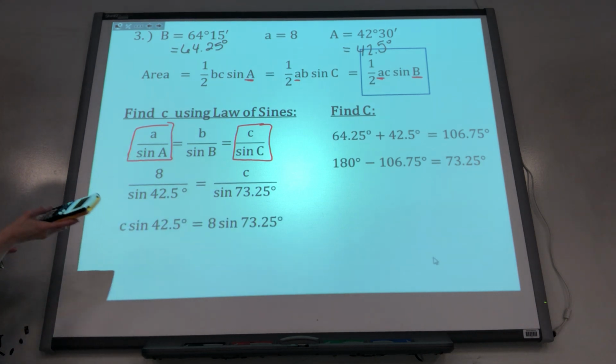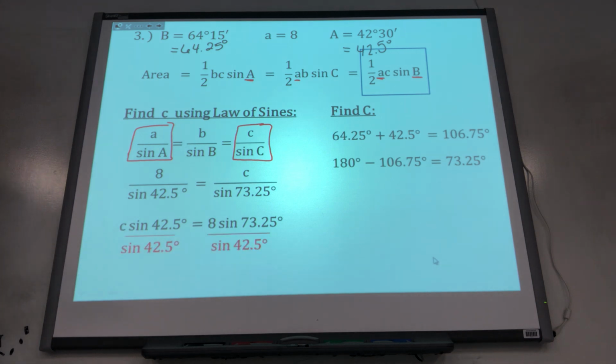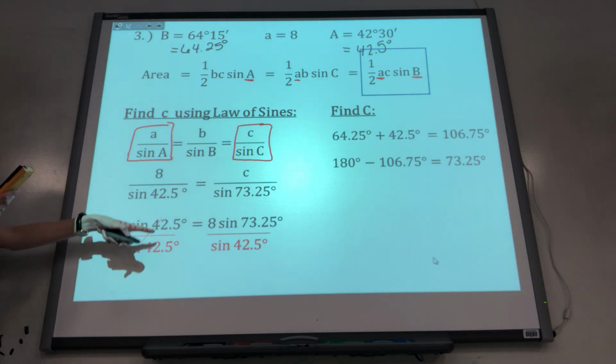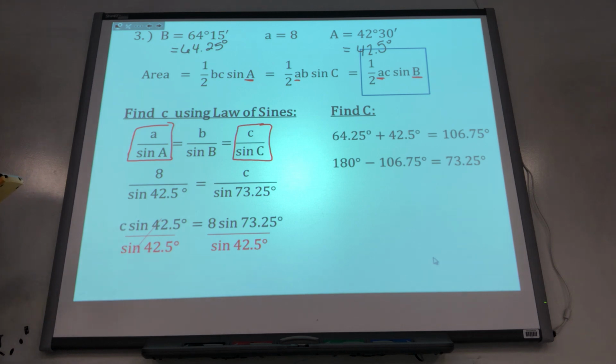Now, cross multiply, and we have to divide by sine of 42.5 to figure this out. And here I go, 8 sine of 73.25, enter, divided by sine of 42.5, and that is approximately 11.34. I'm going to go ahead and round that number.